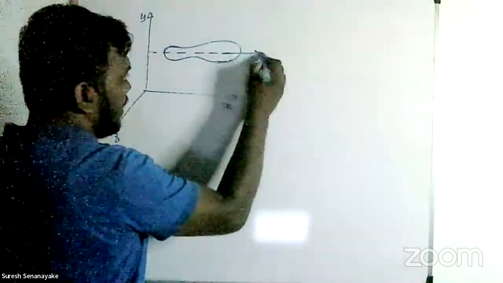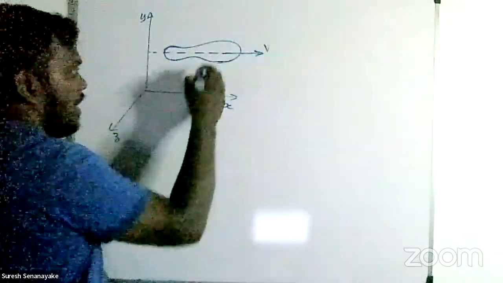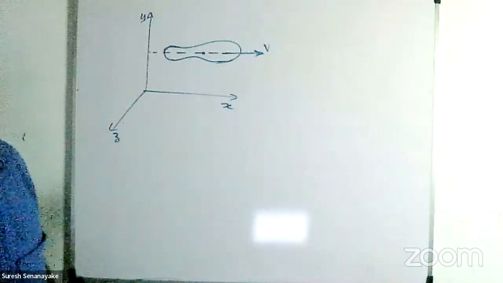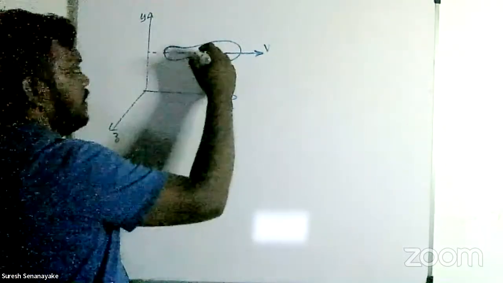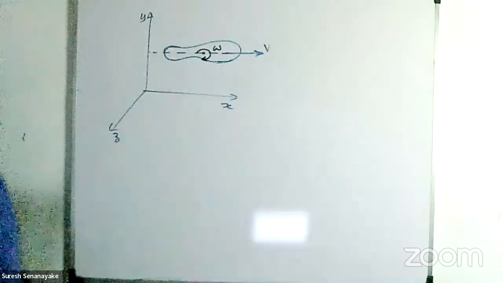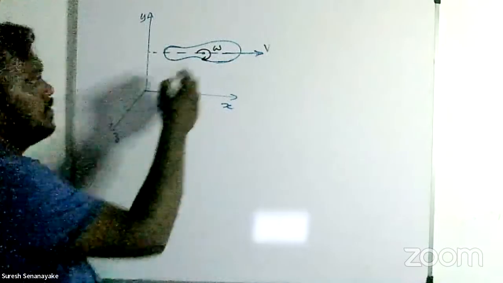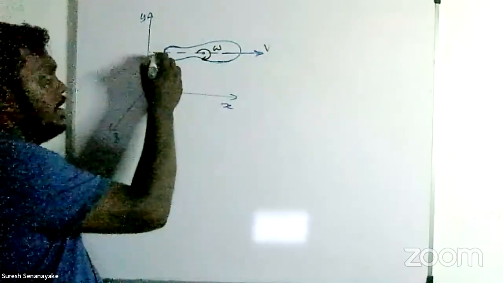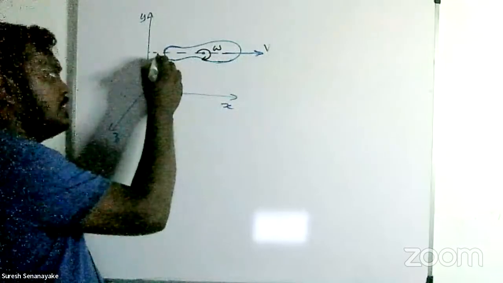Let's say it's moving in this direction with the velocity v, and also it is rotating about this axis. But the axis here is also rotating with angular velocity omega. So it is rotating, and translation motion is there too. Let's say the coordinate to this axis y.